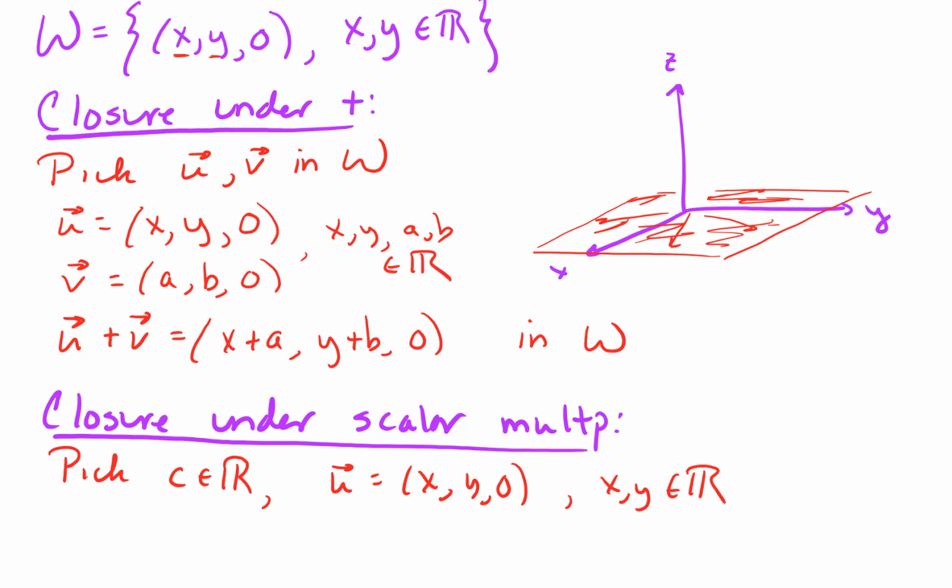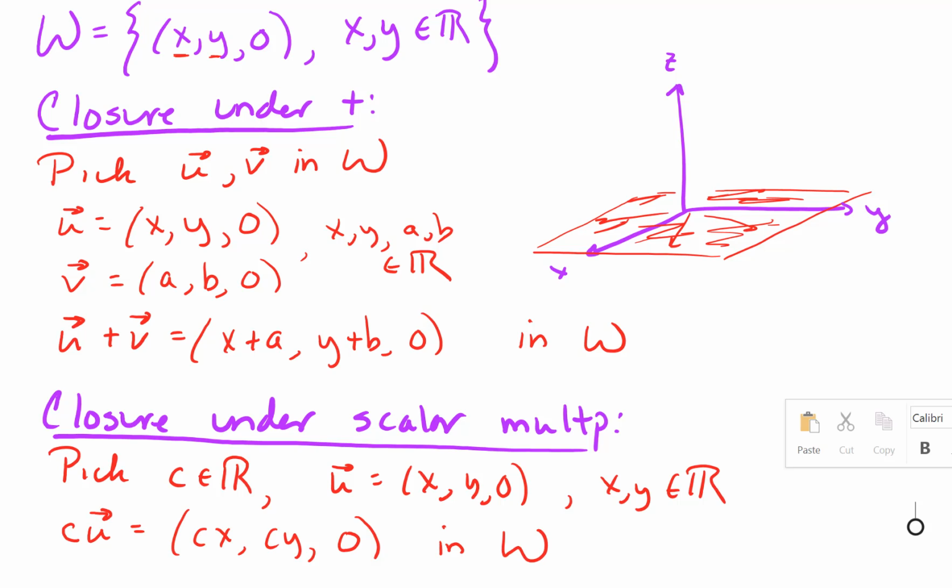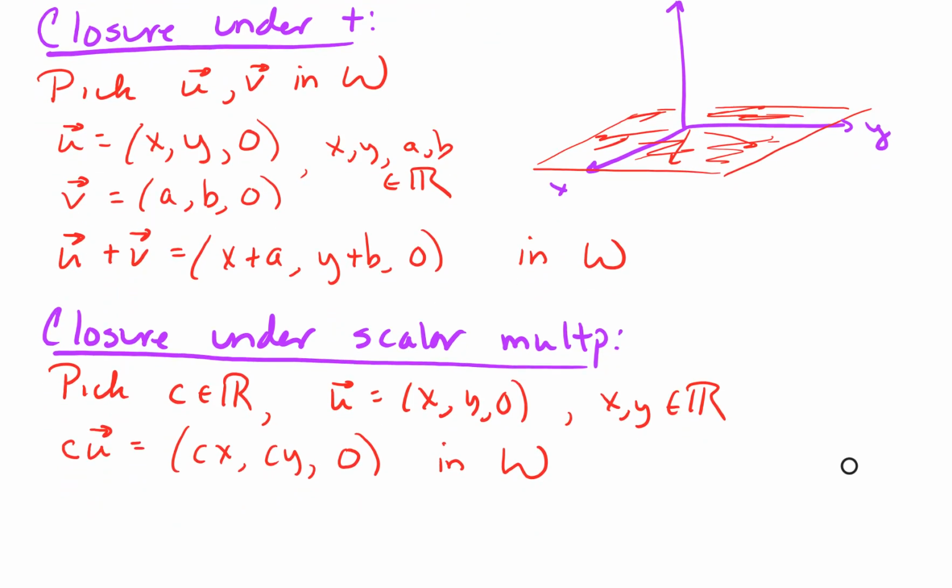We do the scalar multiplication c times u, and we get c times x, c times y, and c times 0 is 0. So again, this fits the form of being in W. And since we satisfy both of those properties, we can conclude that W is a subspace.